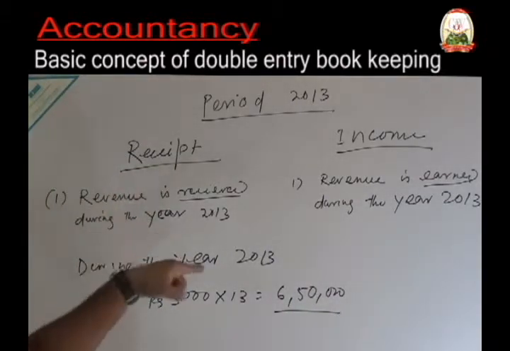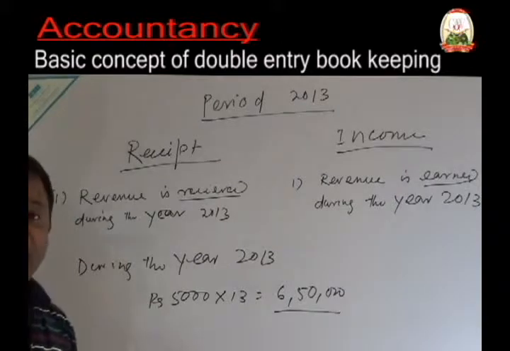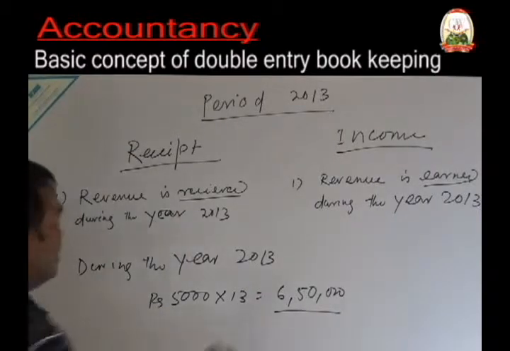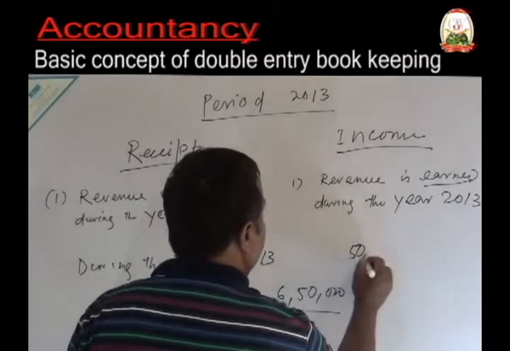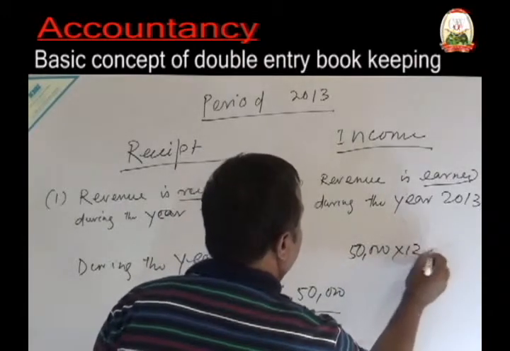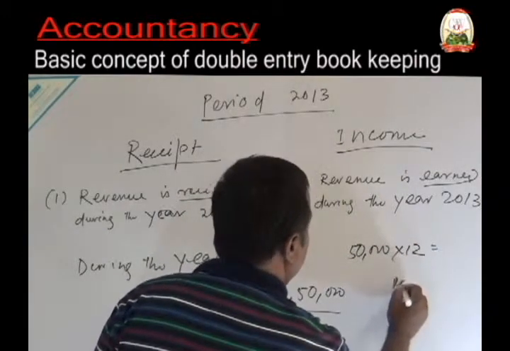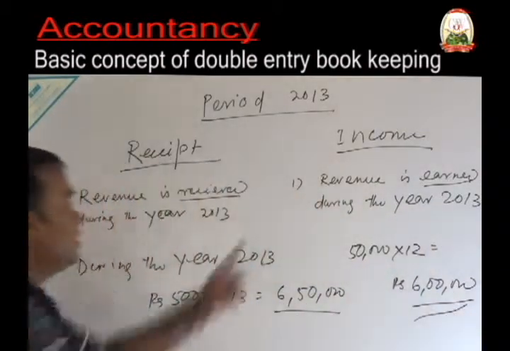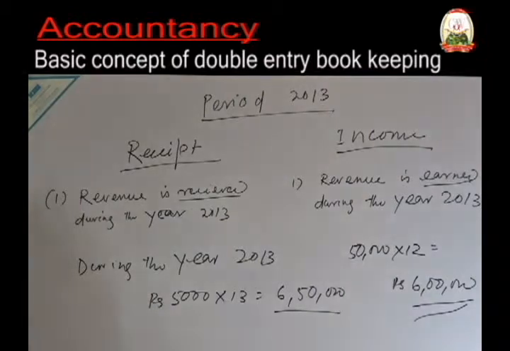But when you are asked to identify the income earned by your father during the year, you will arrive at the figure 50,000 into 12 equals 6 lakhs. This is called the income related to a particular period, and the verb appropriate for income is earned.